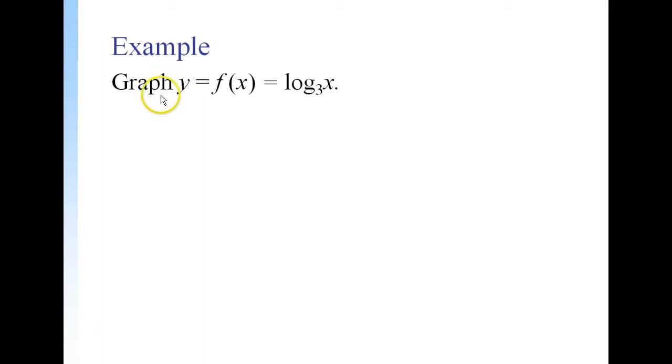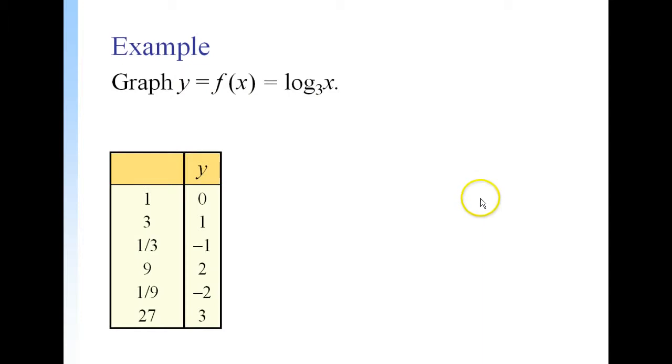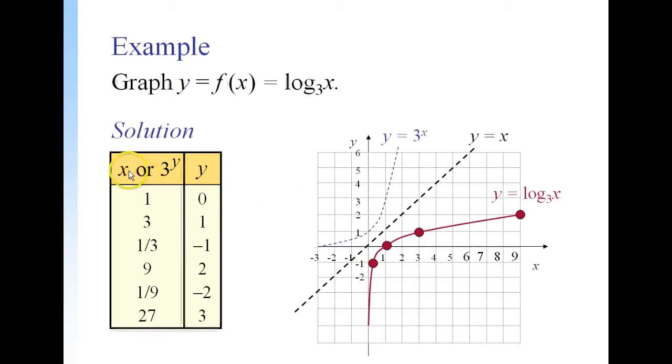So let's graph this. Now, remember, we didn't need the y initially. We're just going to do that, but setting it up in a graphing format, so to speak, you put the y there. You're going to do some points. We did a lot of these tables.